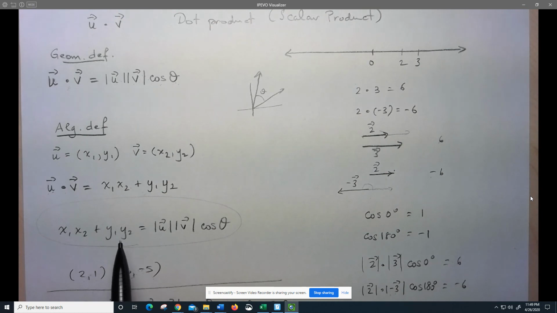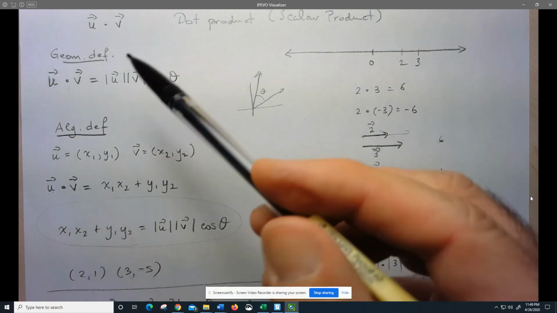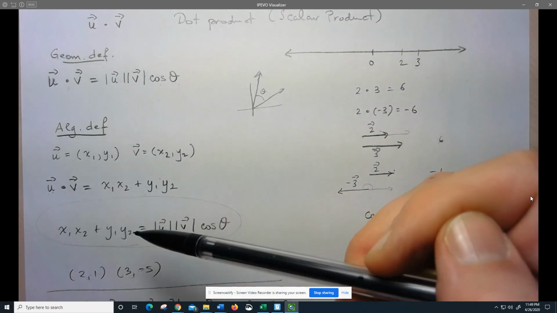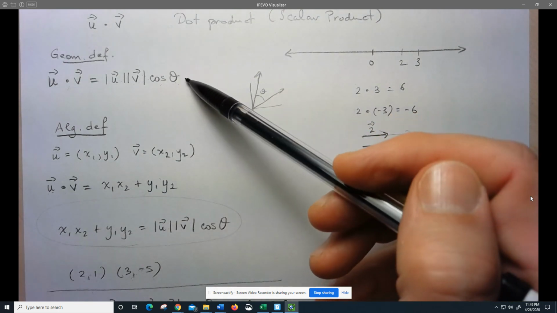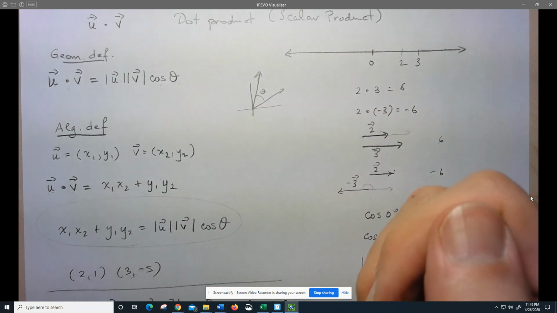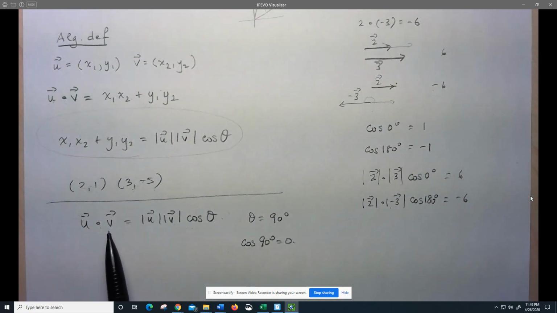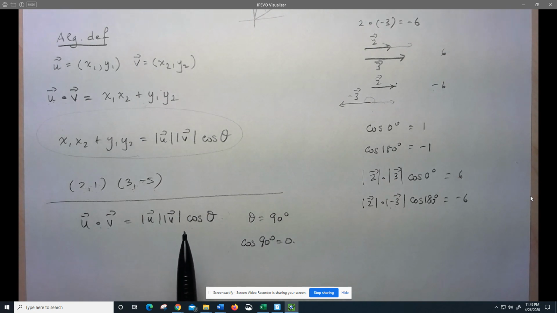So very often when you're using the dot product, you're actually using a combination of both the geometric and algebraic definitions, especially if you're determining the angle between the vectors. And one of the nice properties is that if two vectors are perpendicular, their dot product is immediately equal to 0.